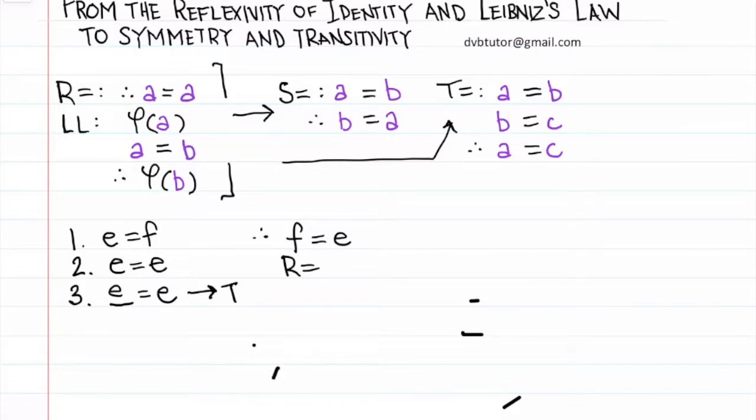But since E is F, according to the first premise, if we take out E and put F in there, our sentence will be true as well.